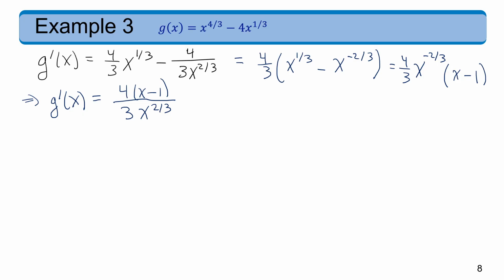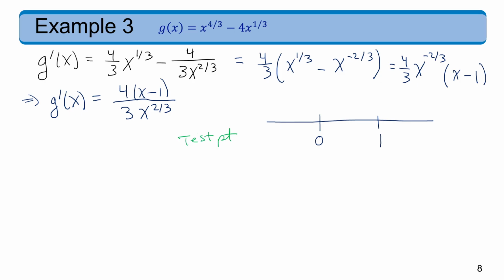It's written as a product and quotient of factors rather than a difference in its original form. Now let's go to our number line. So we're going to put our critical numbers on it. We found those on the previous slide to be 0 and 1. So put them in order from smallest to biggest as you go left to right. Then we choose our test points.